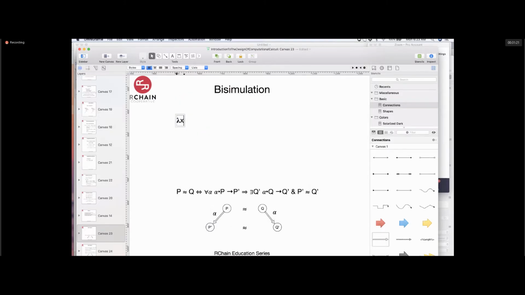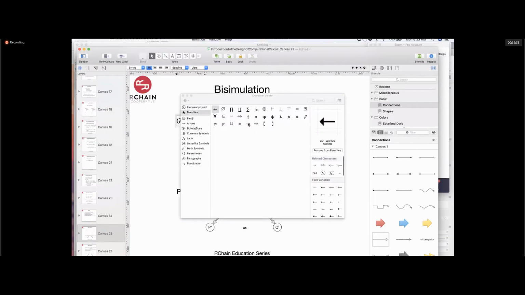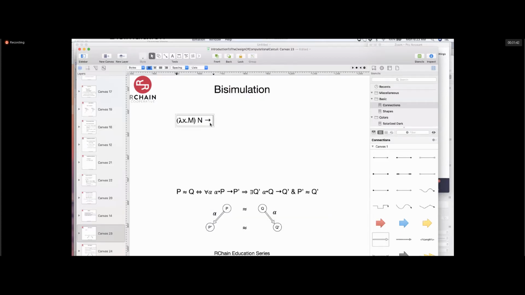If I have lambda x dot m applied to n, then beta reduction takes me over to m with n for x.